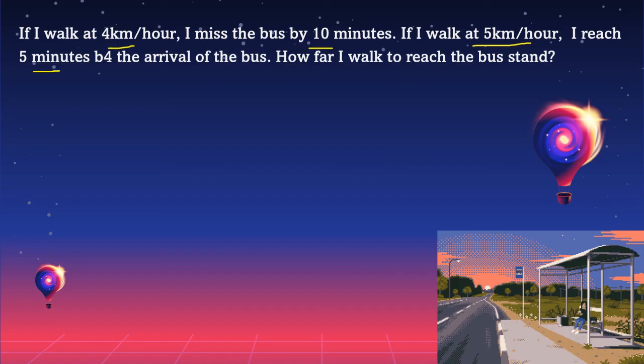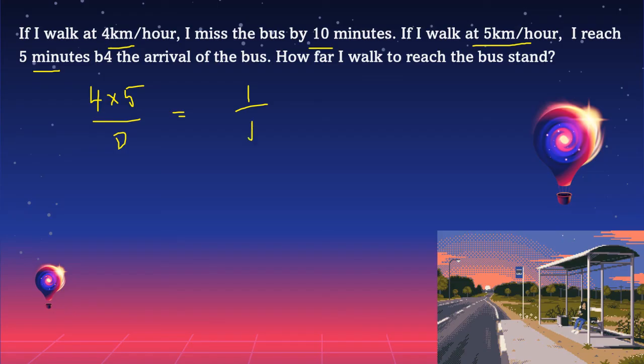Again, I take the product of speed, 4 into 5, divided by distance. The distance is what I need to find, and it equals the difference in speed, which is 1, divided by the difference in time taken. I come 10 minutes late and 5 minutes earlier, so 10 plus 5 is 15 minutes.